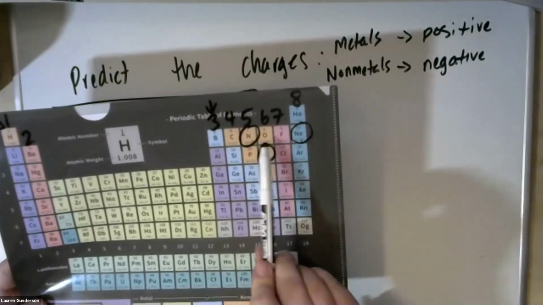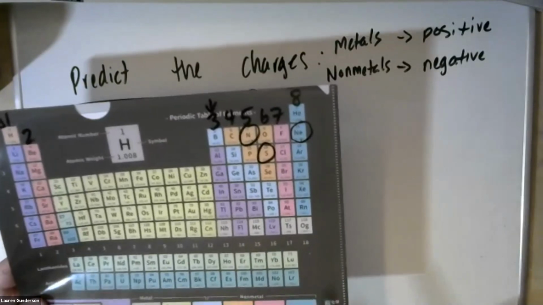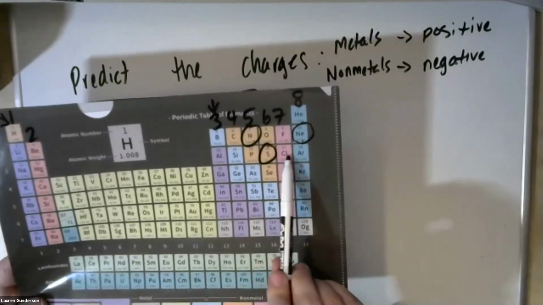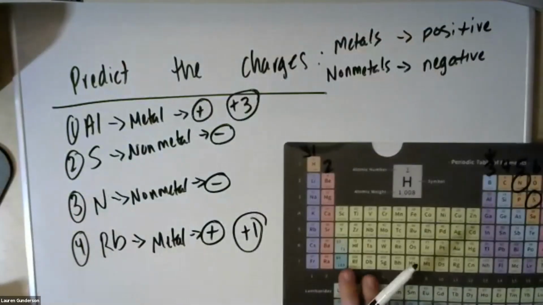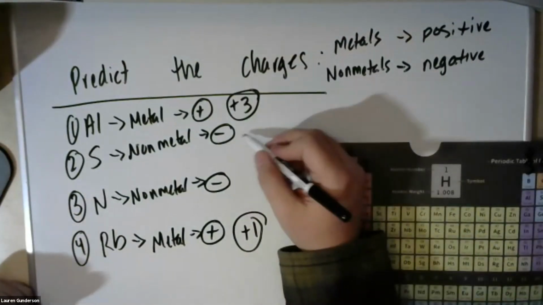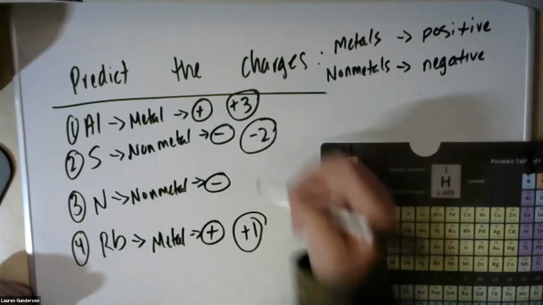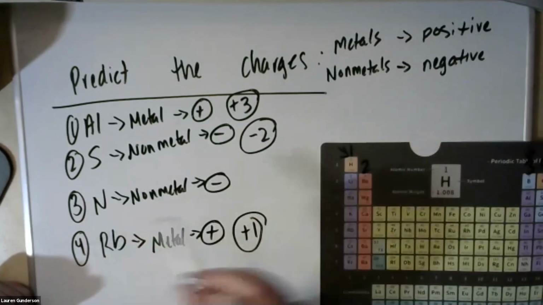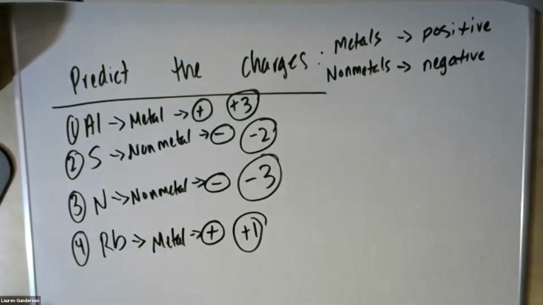If it's in group 5, it needs to add 1, 2, 3. Sulfur needs to add 2 electrons, 1, 2. As many electrons as they add, that's as much negative charge as they're picking up. So sulfur has to gain 2 electrons. Its charge will be -2. Nitrogen has to gain 3 electrons. Its charge will be -3.